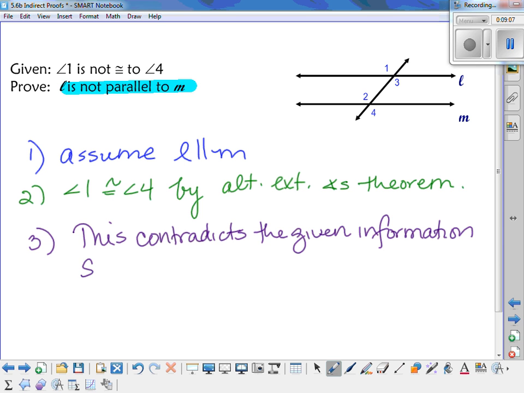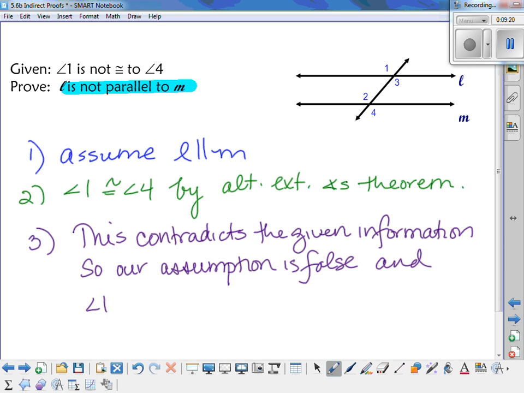So our assumption is false, and L is not parallel to M.